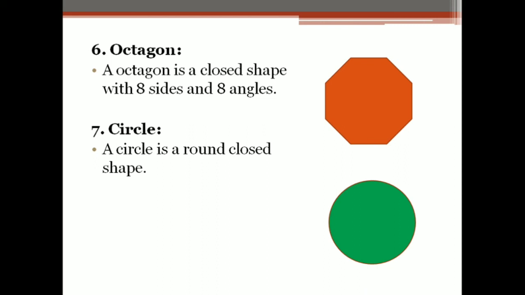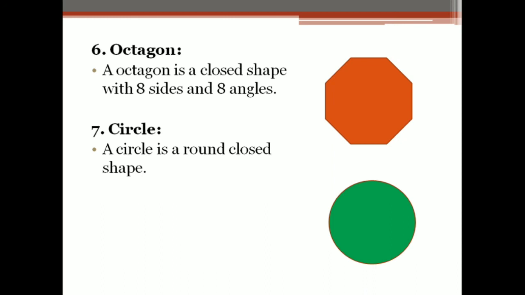When two lines meet at a point, they form an angle. Then we studied types of angle. There are three types: right angle, acute angle, and obtuse angle. In a right angle, the angle formed is 90 degrees. In an acute angle, the angle formed is less than 90 degrees. And the third one is the obtuse angle. The angle formed is greater than 90 degrees.